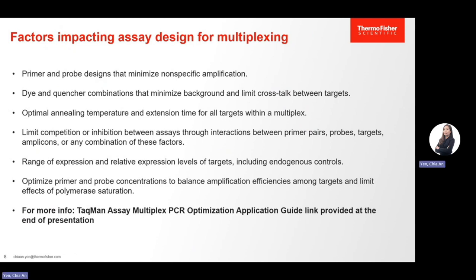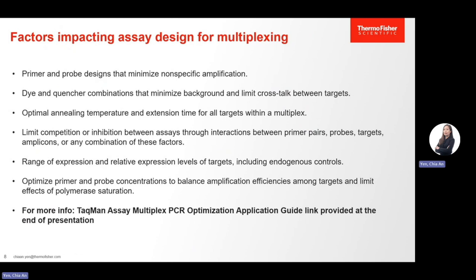And then next, there's the thermocycling condition, where you would want to make sure that you have all your assay designs with close enough optimal annealing temperature in the multiplex reaction.